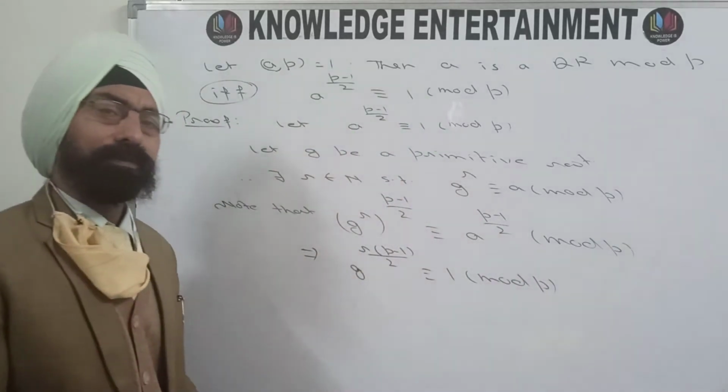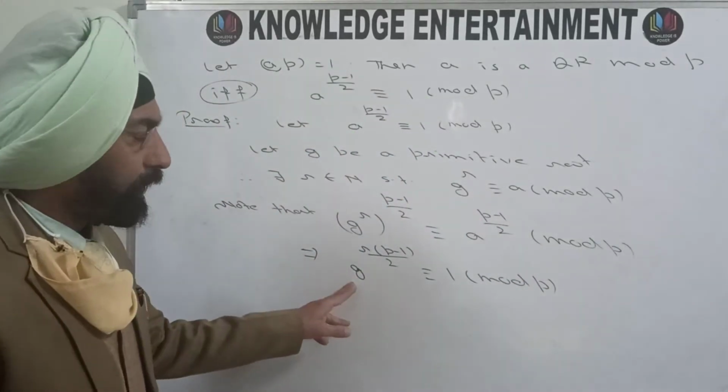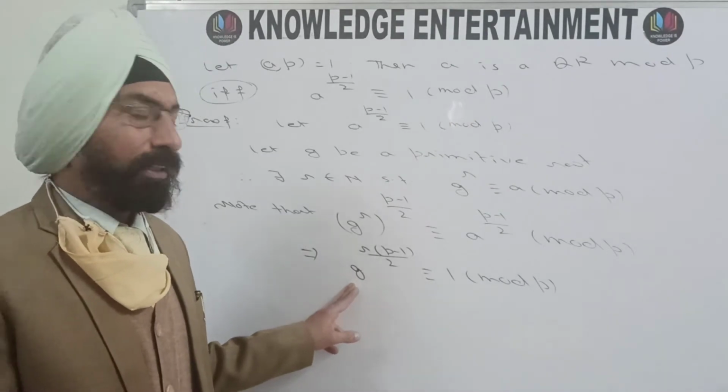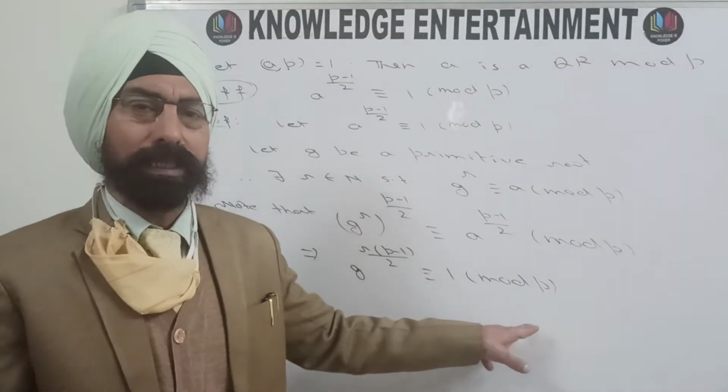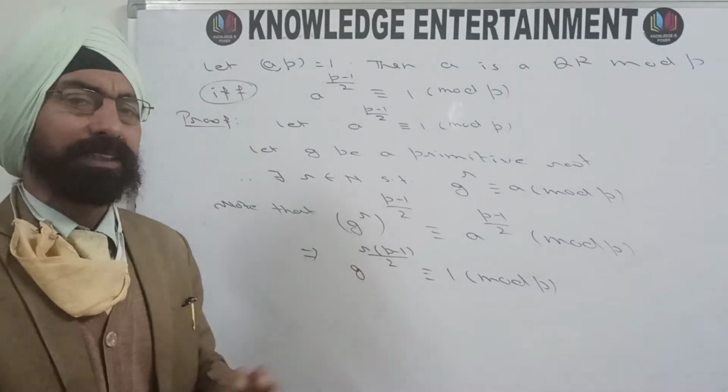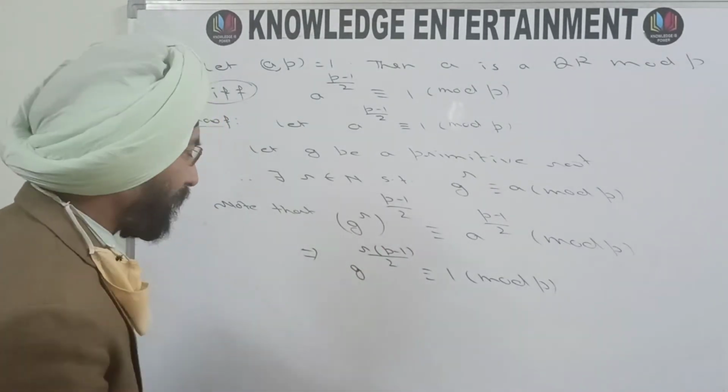And we know that if some number which is co-prime to p has some power congruent to 1 mod p, then this power must divide phi p by Fermat's theorem.